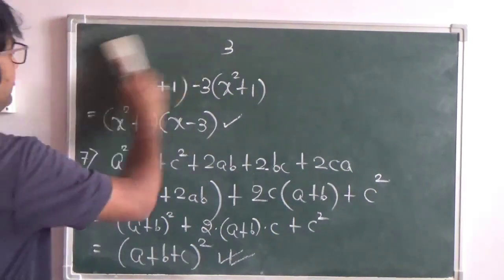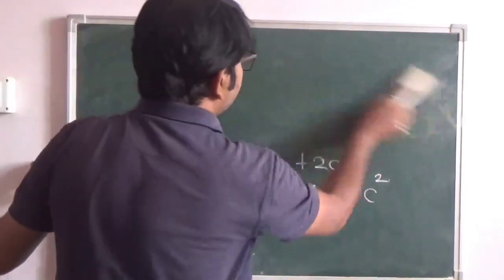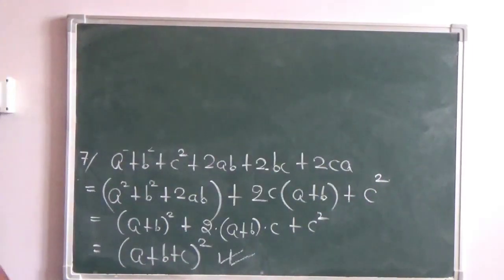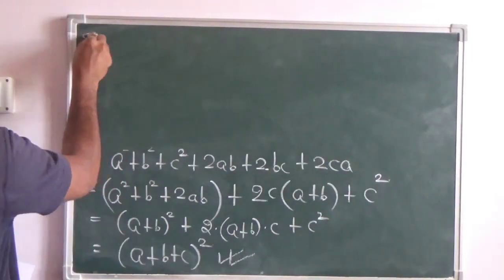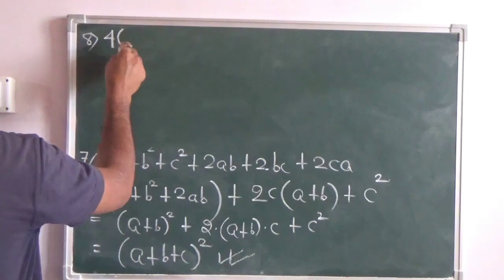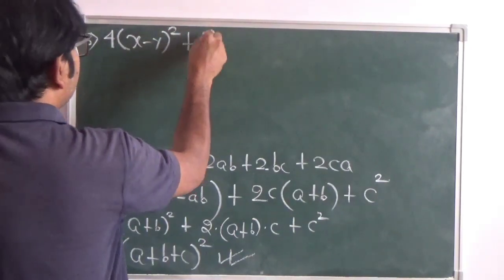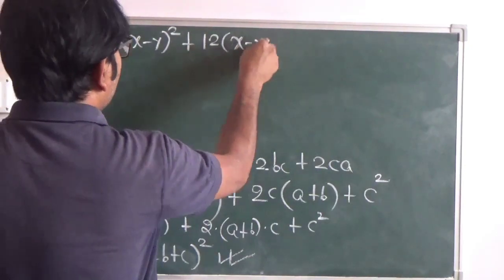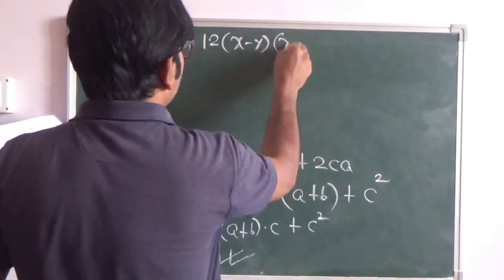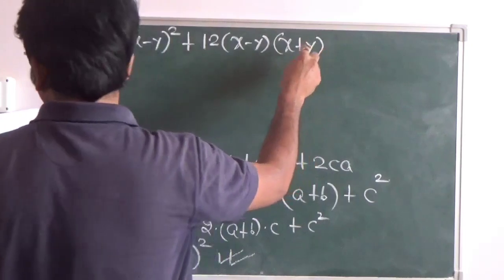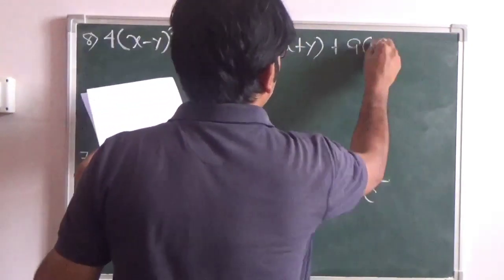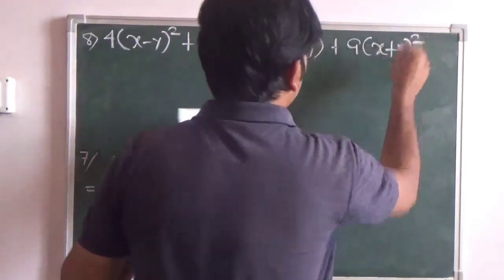Now move on to question number 8. 4 into (x minus y) square, 12 into (x minus y) into (x plus y) plus 9 into (x plus y) square.